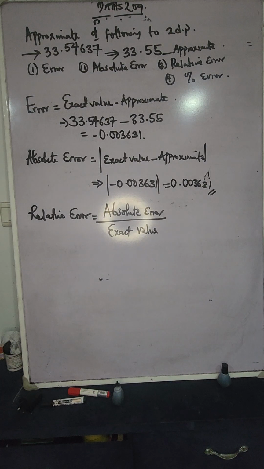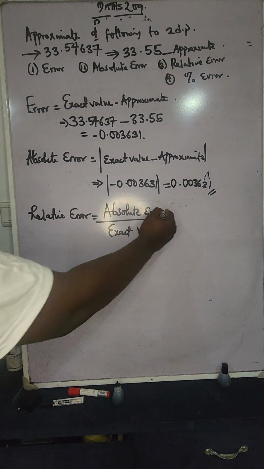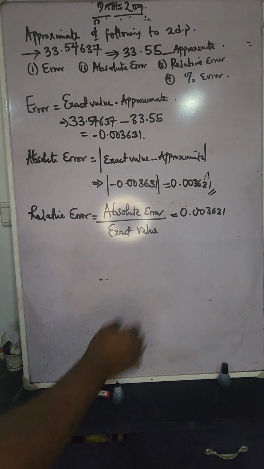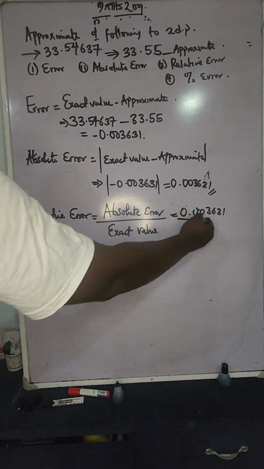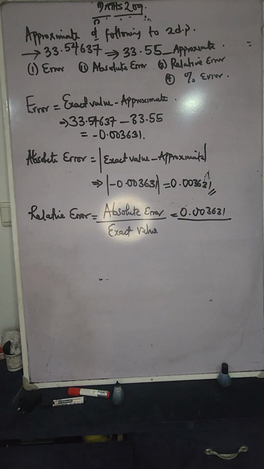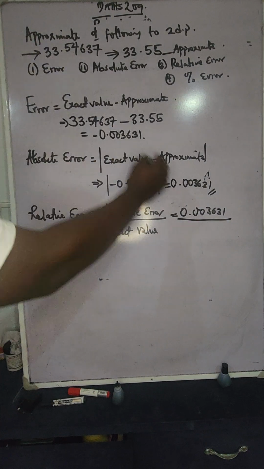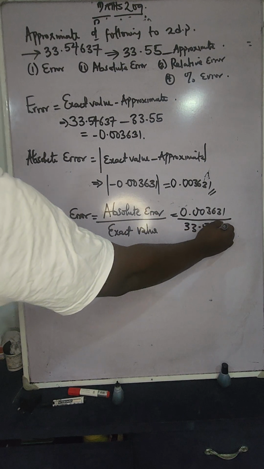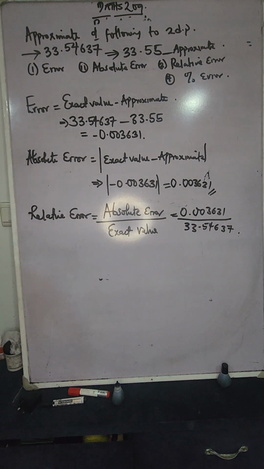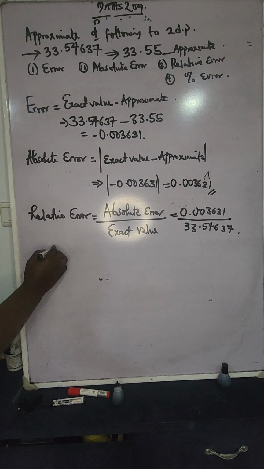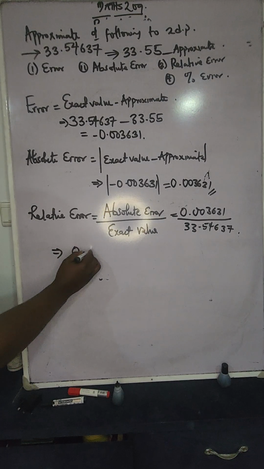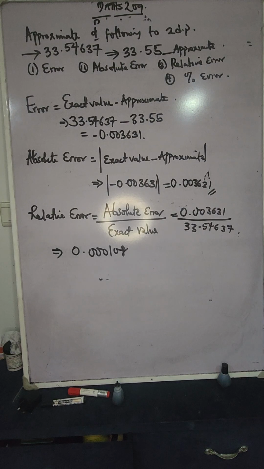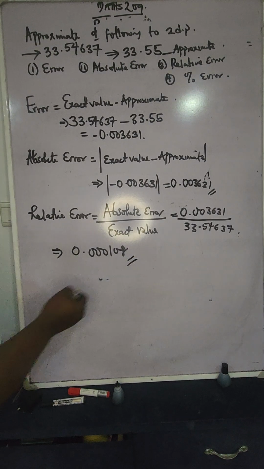If you put this into consideration, this is 0.003631 divided by the exact value, which is 33.54637. From there, you find that you have 0.000108 whatever, right? This is the relative error.